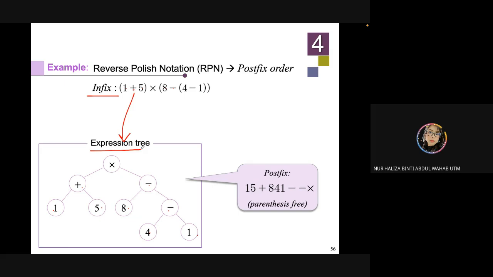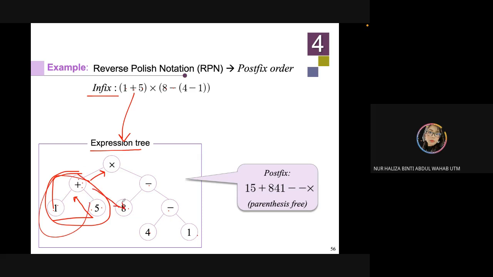We need to remember: left, right, parents, left, right, parents. So we have left, right, parents. So this will be your left now. Left, right, parents. And from left, we need to go to the right. If you still remember our tree here, you cannot go to this one because this is parent. So from our left here, we need to go to the right.